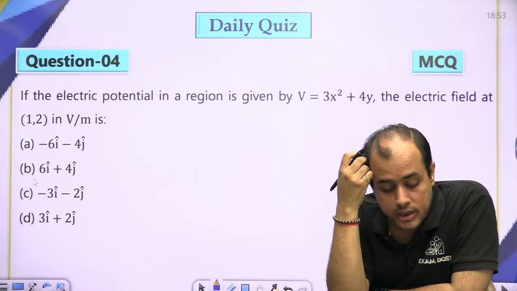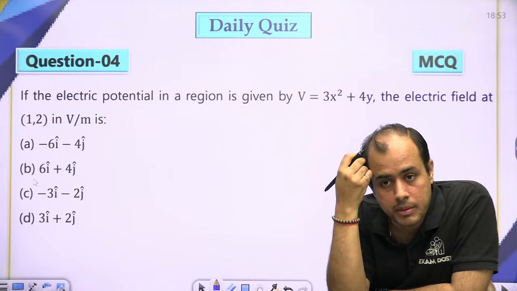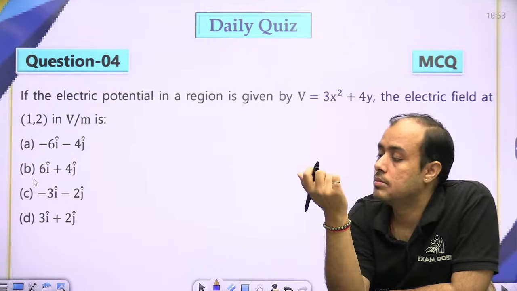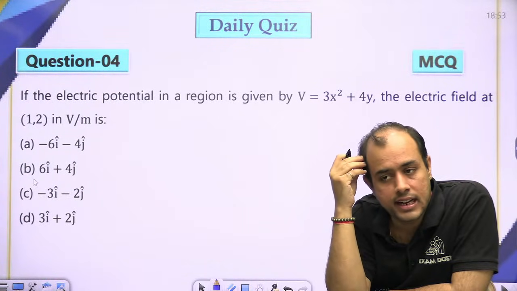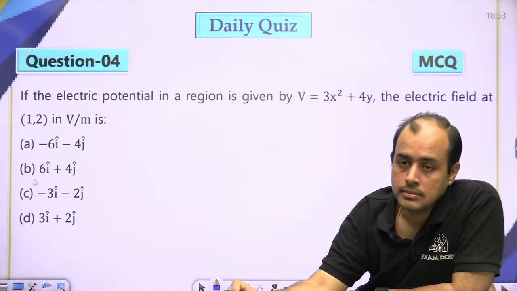नेक्स्ट, इलेक्ट्रिक पोटेंशियल इन अ रीजन इज गिवन, व्हाट इज द इलेक्ट्रिक फील्ड एट 1,2? बताइए, व्हाट इज द इलेक्ट्रिक फील्ड एट 1,2?